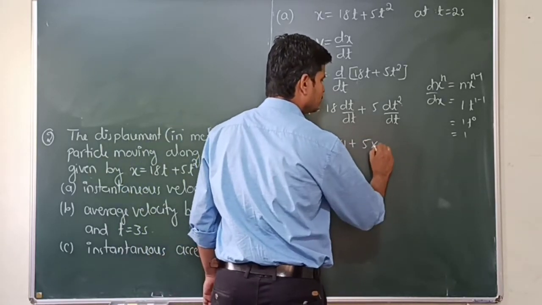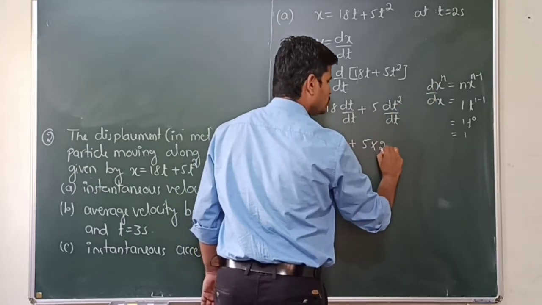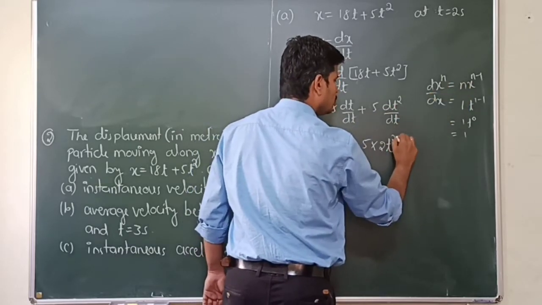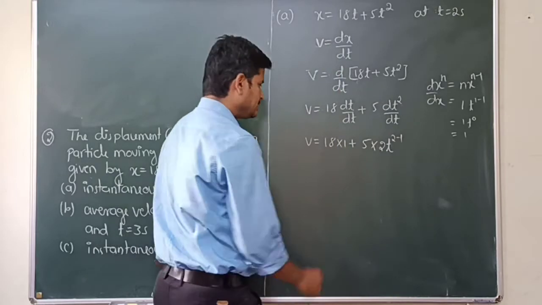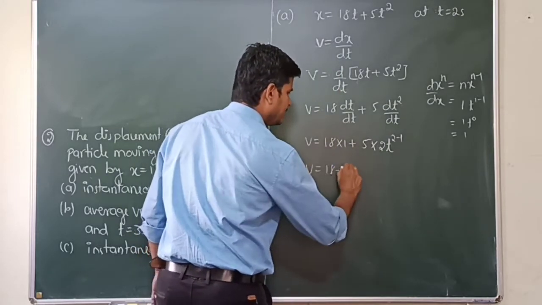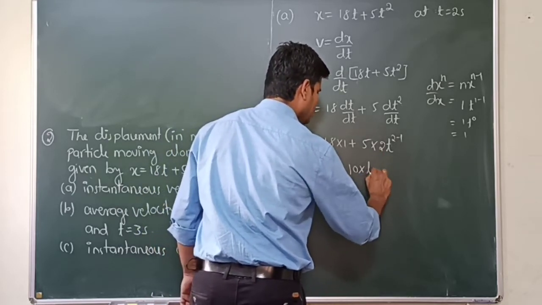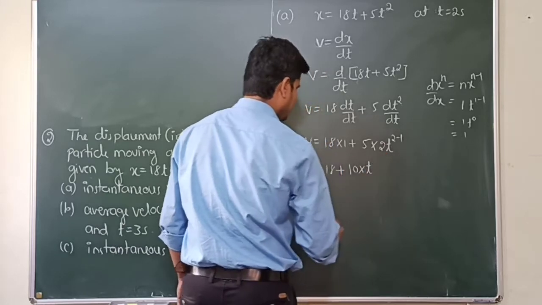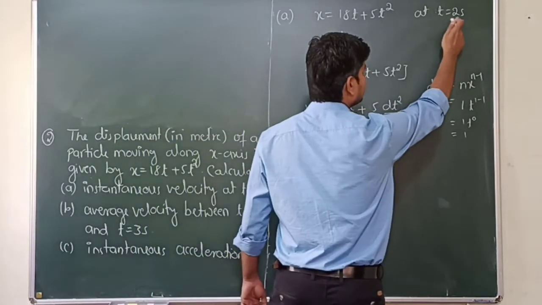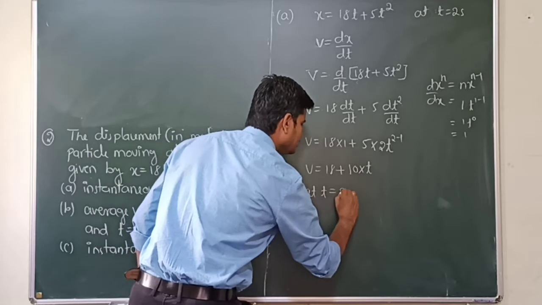Plus 5 into t square. In the place of n, what is there? 2. t raised to 2 minus 1. Correct? v is equal to 18 into 1, 18, plus 5 into 2, 10 into t raised to 1. But what he asked is at t equal to 2 seconds.